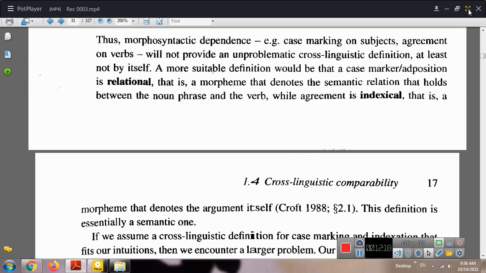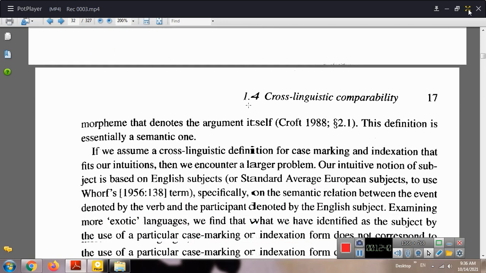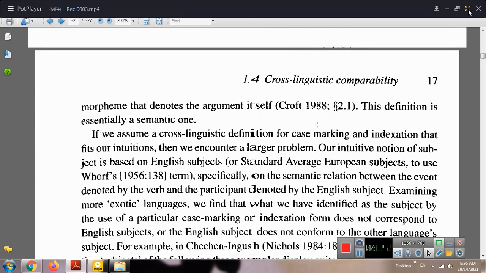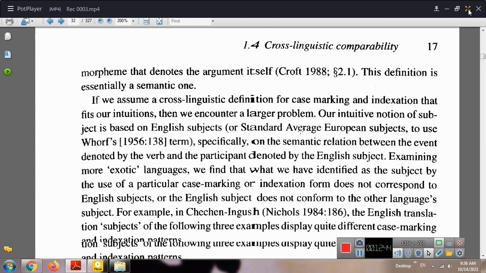A more suitable definition would be that a case marker or adposition is relational, that is, a morpheme that denotes the semantic relation that holds between the noun phrase and the verb, while agreement is indexical, that is, a morpheme that denotes the argument itself. This definition is semantic.